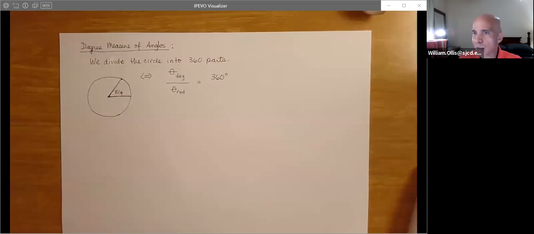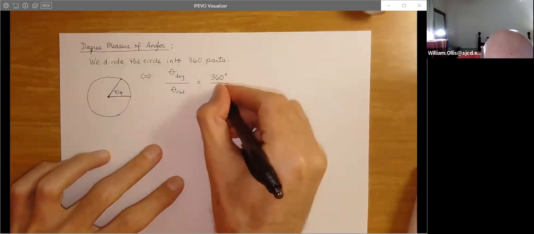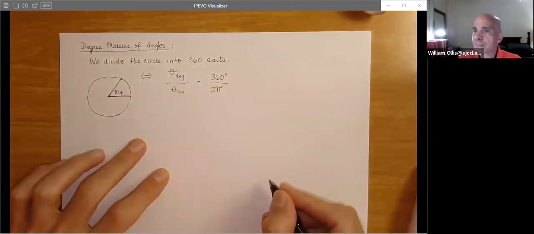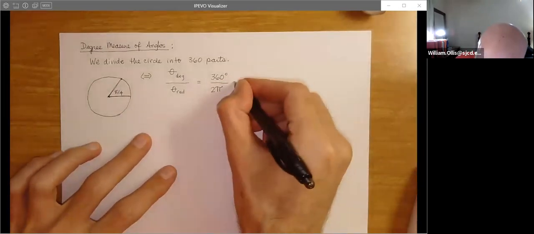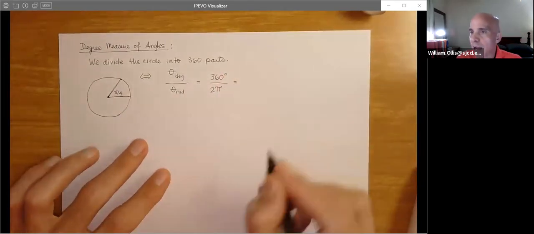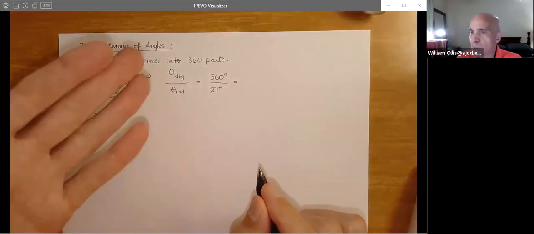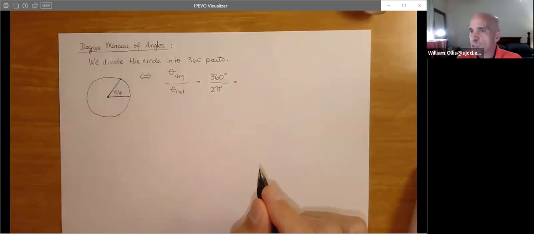I didn't make this up, so don't be mad at me. And then, of course, we already know if we go all the way around once, that's 2 pi radians. Sometimes you can relax and leave out the degree symbol, no big deal, just remember to put it in when you actually state it.